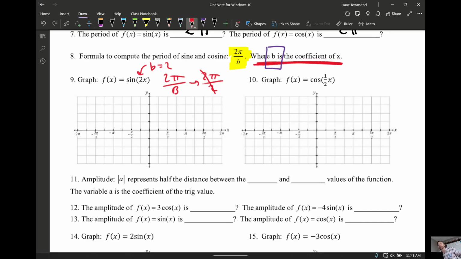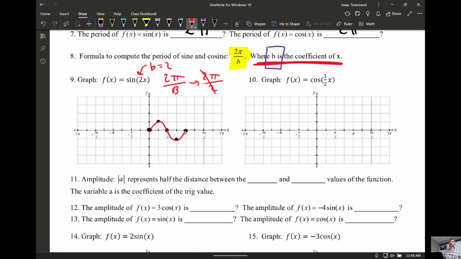So visually, it's got the same pattern of up, down, down, and back to where you started, but instead of achieving that in 2 pi of space, it's going to achieve that in 1 pi of space. So it's going to start at the origin, go up, down, down, and back to where it started.